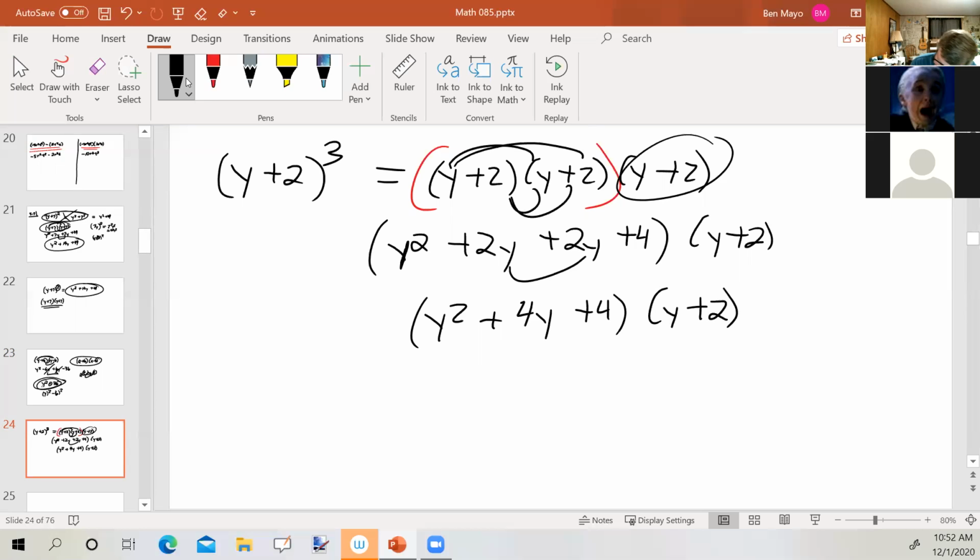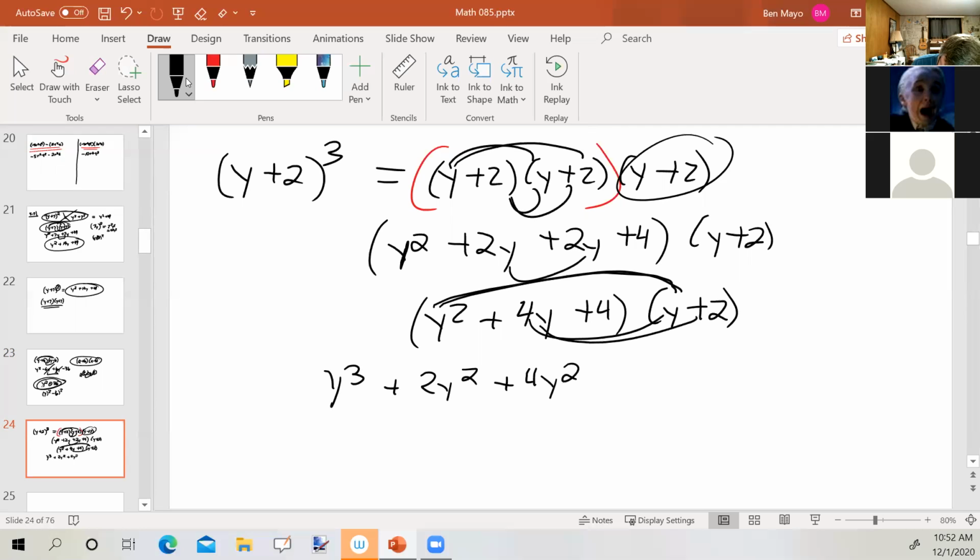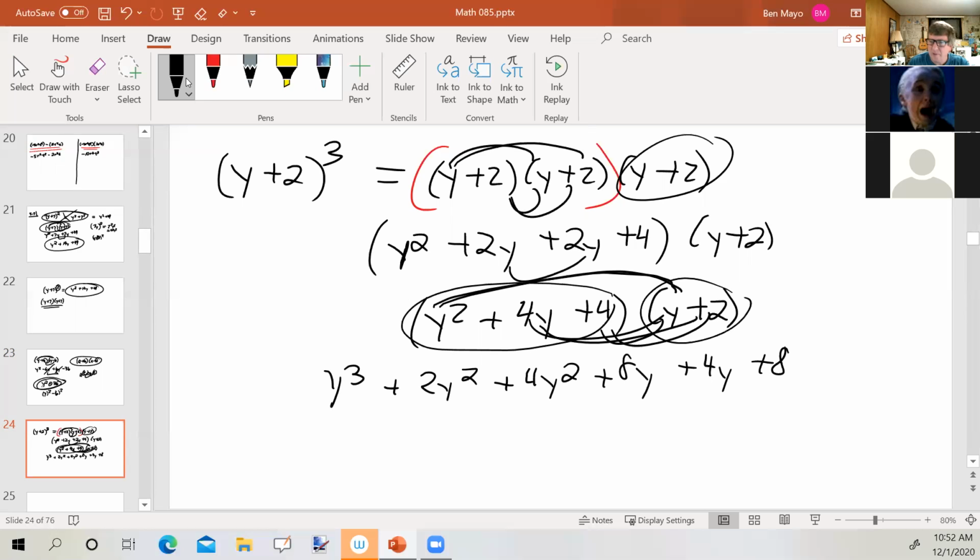So now we'll continue multiplying and we get y cubed plus 2y squared plus 4y squared plus 8y plus 4y plus 8. So we're multiplying each term in the trinomial times each term in the binomial.